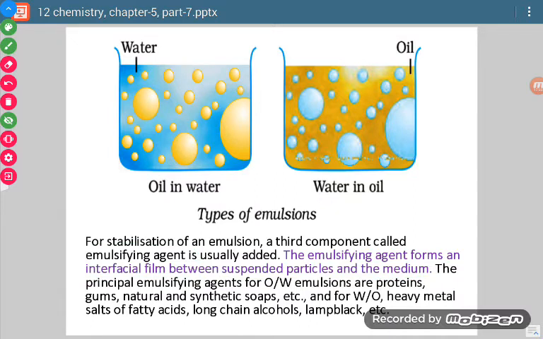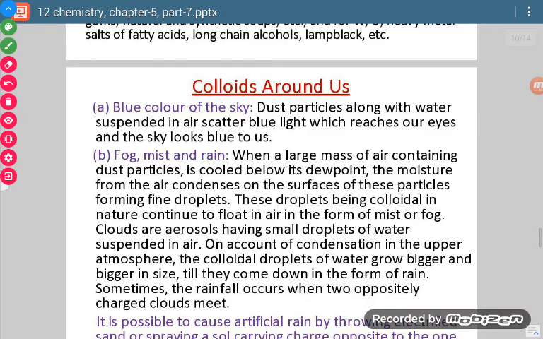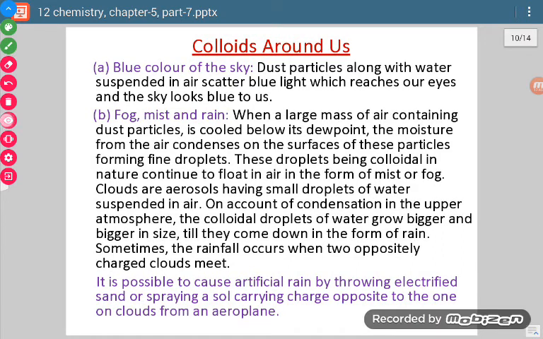For that, an emulsifying agent is added that makes a layer around the dispersed phase particles and does not allow the particles to come closer and form a bigger molecule and settle. Okay, so this is why an emulsifying agent is used.